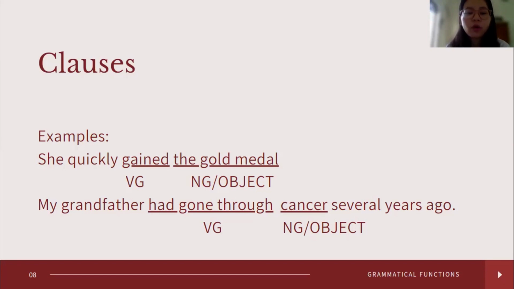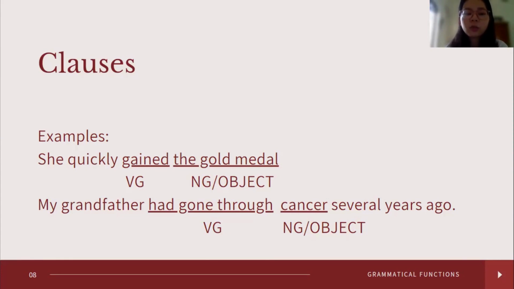For example, the following clauses contain a verb group followed by a noun group. The noun group functions as what later will be called the object. We can see here: she quickly gained the gold medal. Gained here is the verb group, and the gold medal is a noun group or object.